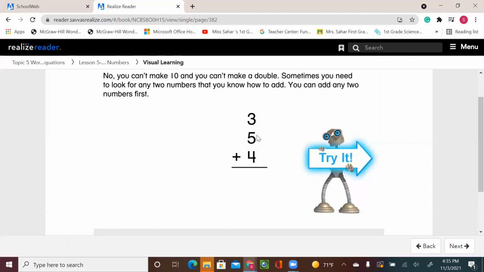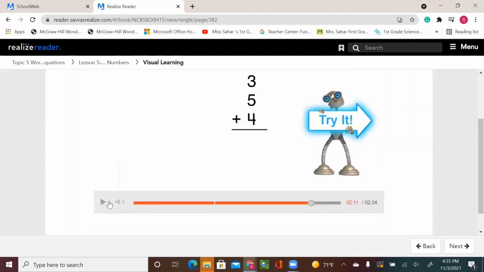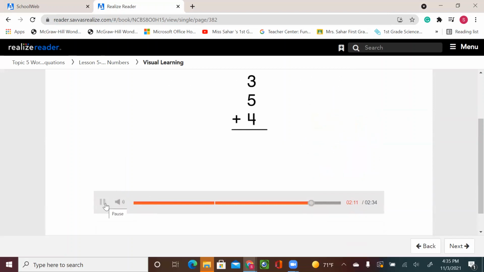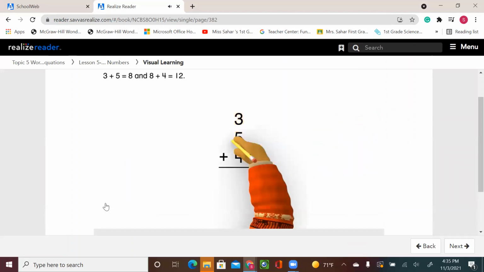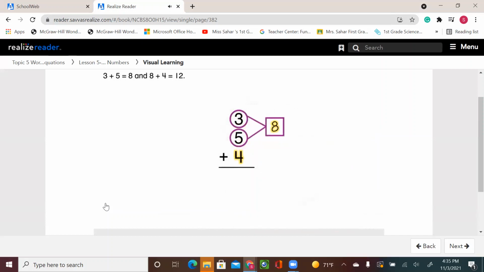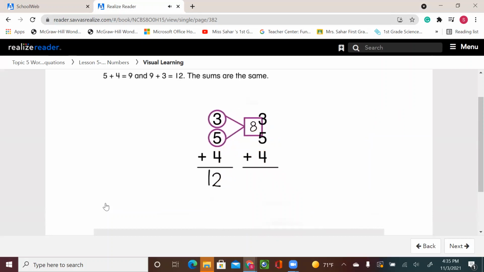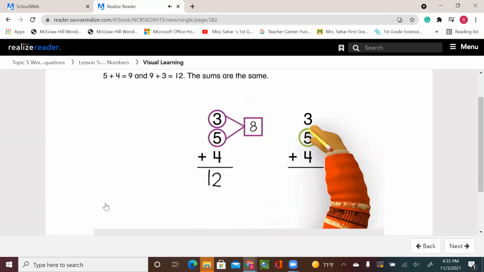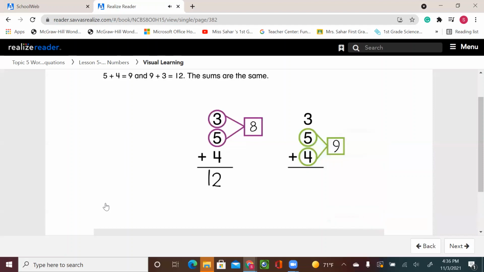Or you can add the second 2 numbers, 5 plus 4 equals 9, and then add 9 to 3. 3 plus 5 is equal to 8, and 8 plus 4 is equal to 12. 5 plus 4 is equal to 9, and 9 plus 3 is equal to 12.